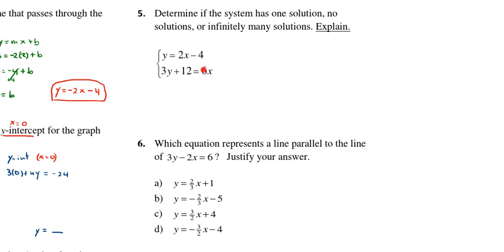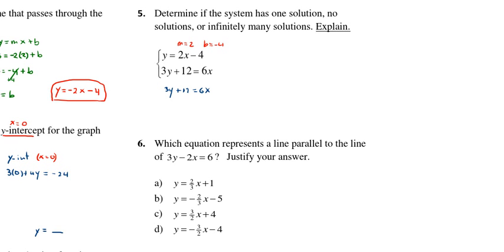is this system. So the first equation is already solved for y. We see here the slope and the y-intercept. Slope 2, y-intercept -4. The second equation is not solved for y, so we need to solve for y this one. 3y plus 12 is equal to 6x.